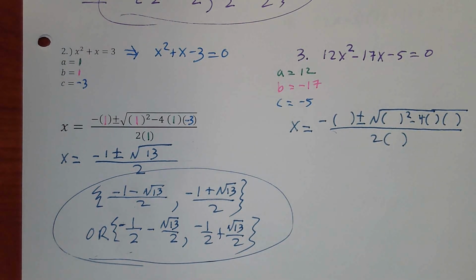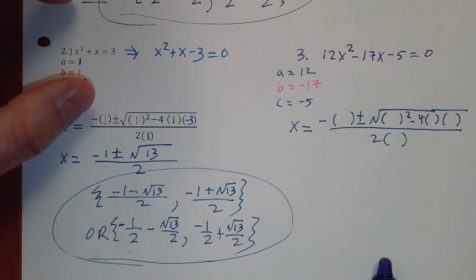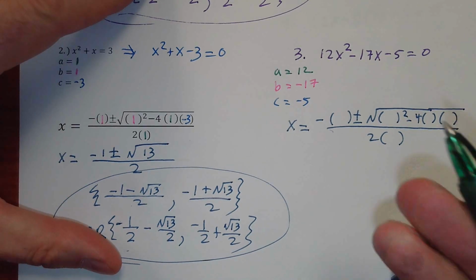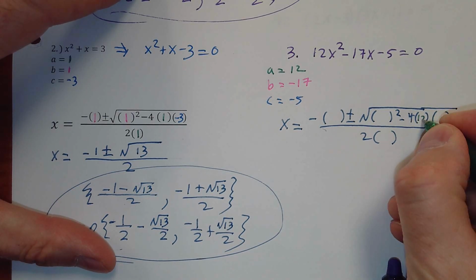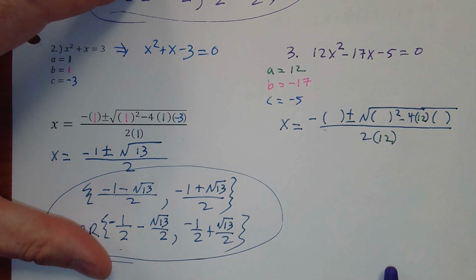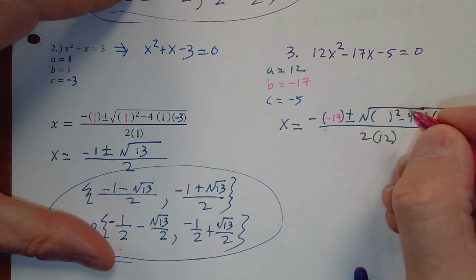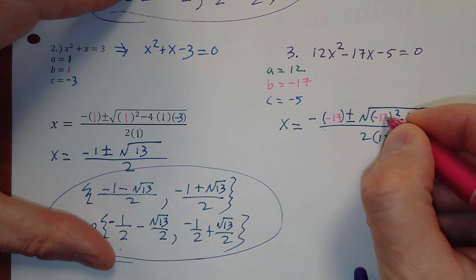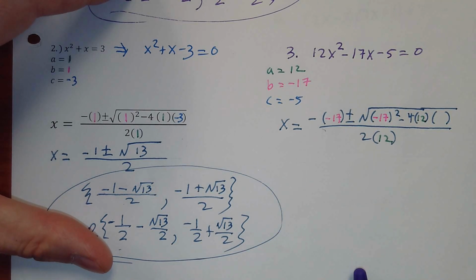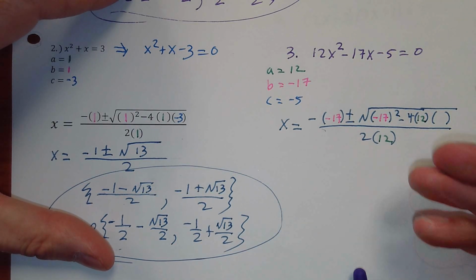Wherever I see an a, I put a 12 in. Wherever I see a b, I'm going to put in a negative 17. And wherever I see a c, I'm going to plug in a negative 5.